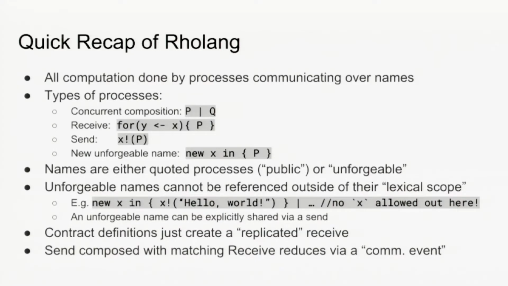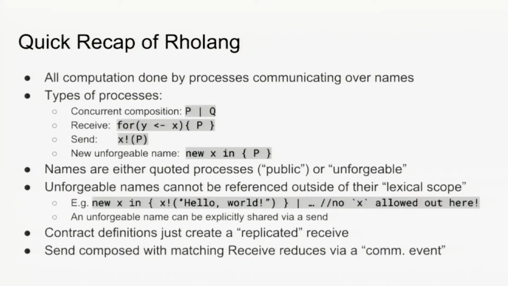So Rholang is a parallel programming language. There is no semicolon. There's only parallel. And if you need something to occur in sequence, you basically have to make it have a data dependency, or there's no other way to force things to be in sequence.